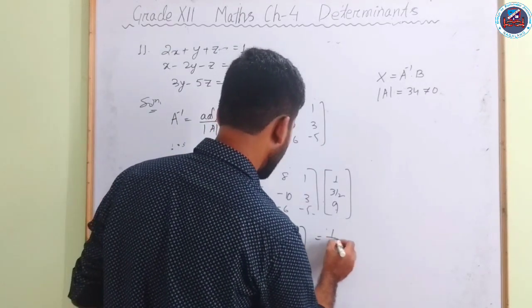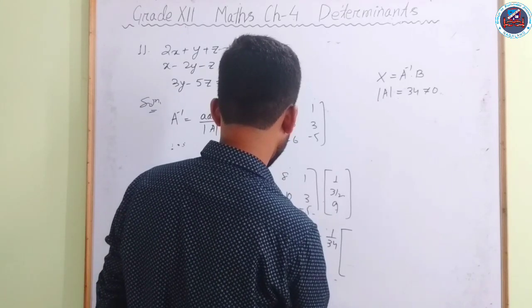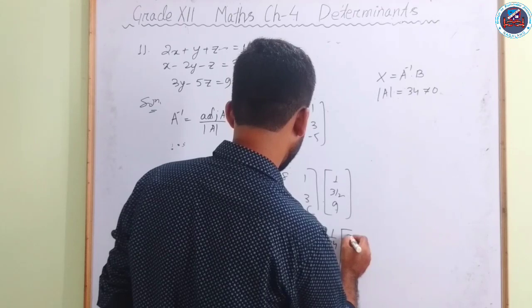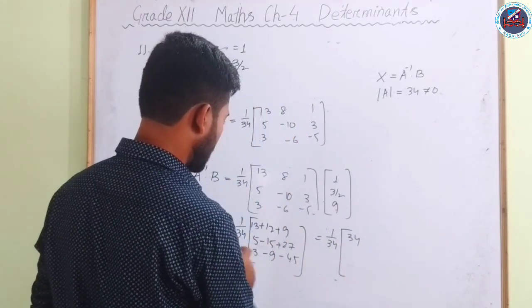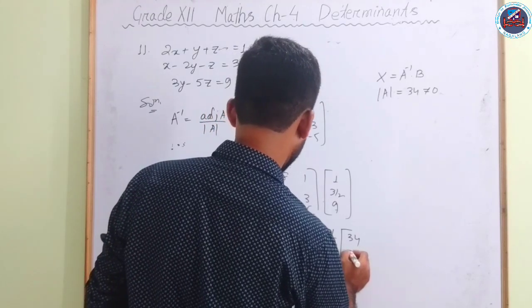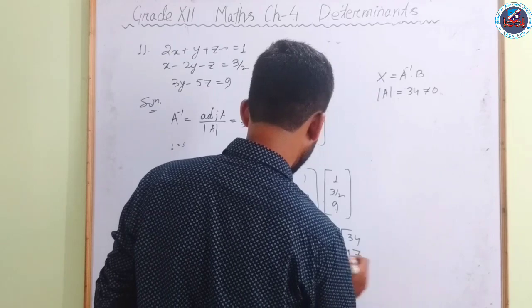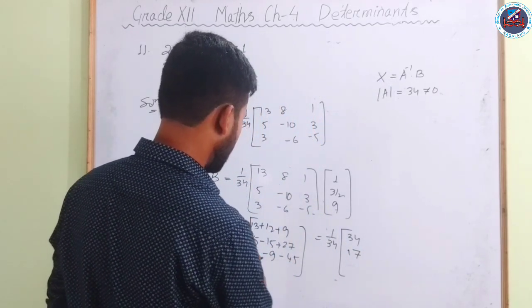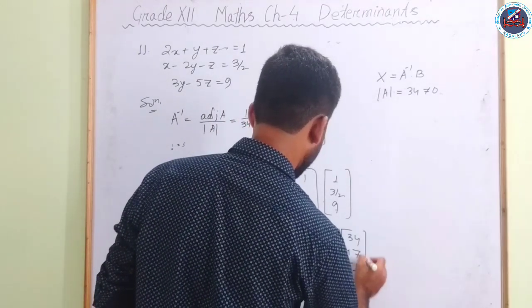Now calculate this, it will be 1 by 34, so 13 26 25 and 9 34, and here it will be 15 minus 5 will minus 10, it will be minus 17, sorry 17 only, and here it will be 45 54 and 51, minus 51.